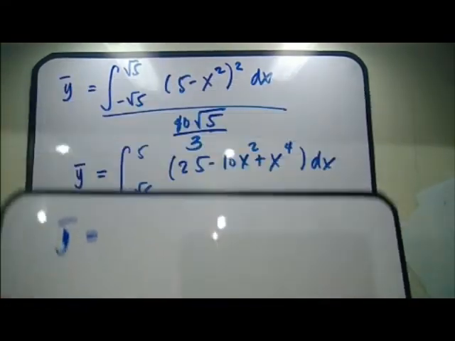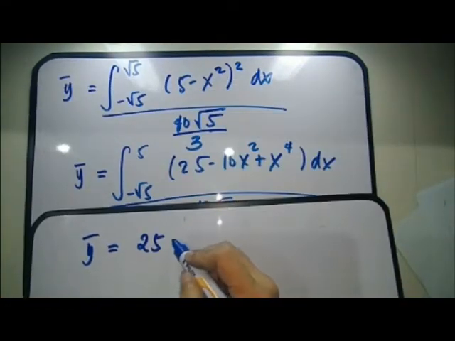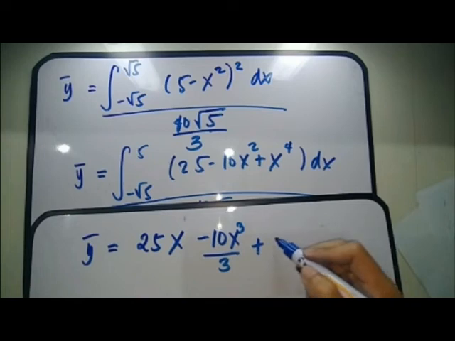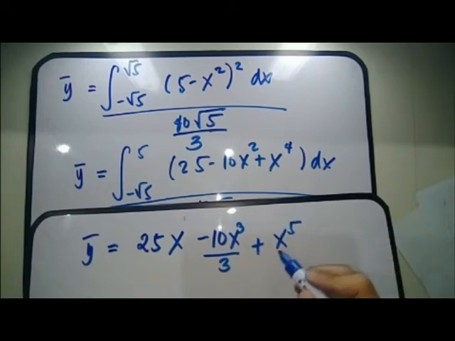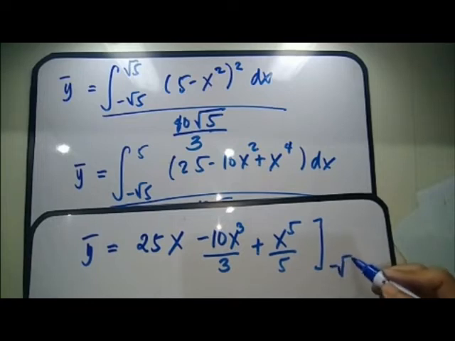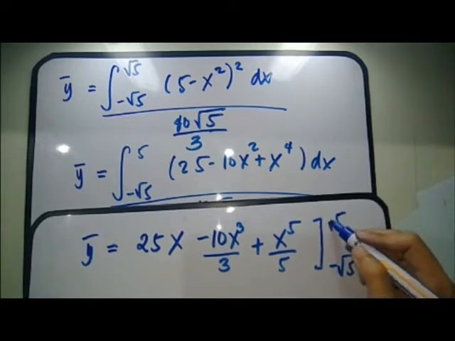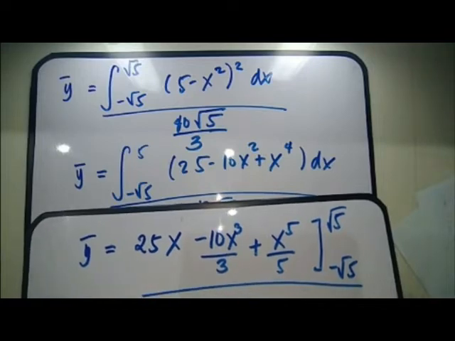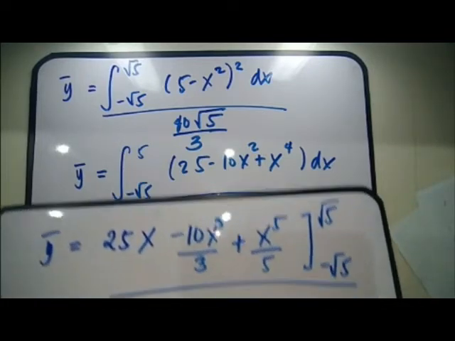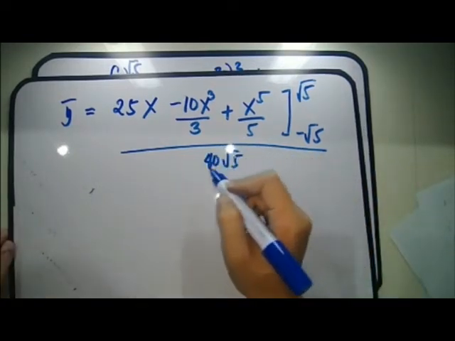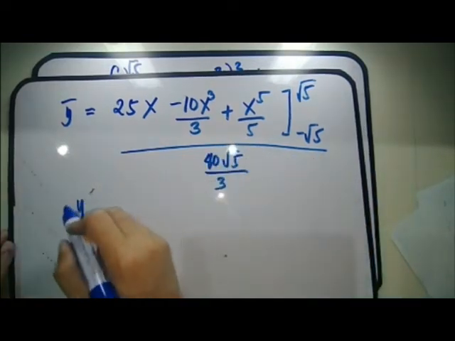So, i-integrate natin. You have here 25x minus power formula 10x cubed all over 3 plus x raised to 5 all over 5. Then, we have this limit negative the square root of 5 to the square root of 5, all over yung twice ng area. So, i-simplify na lang natin guys. So, use natin yung calculator natin.